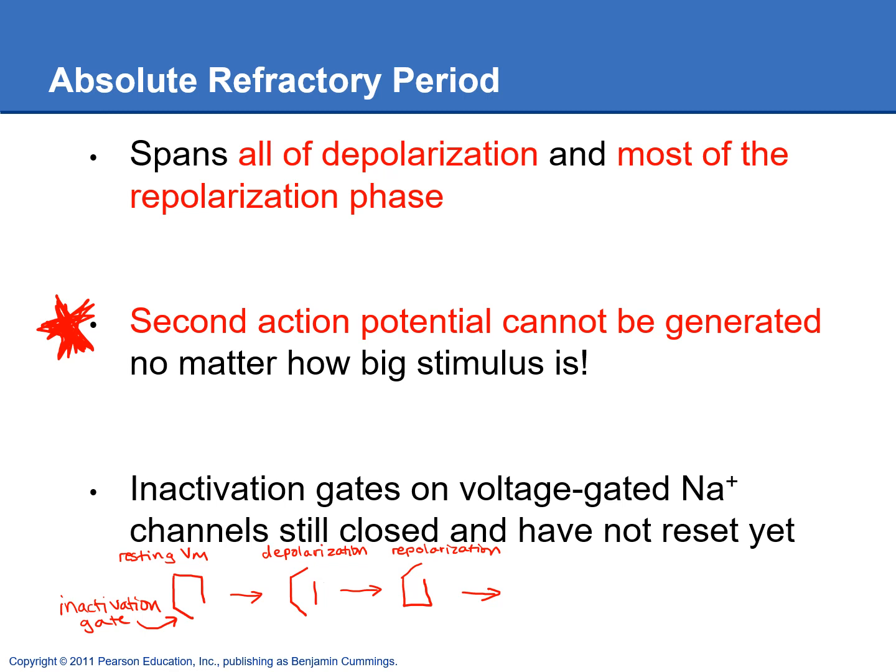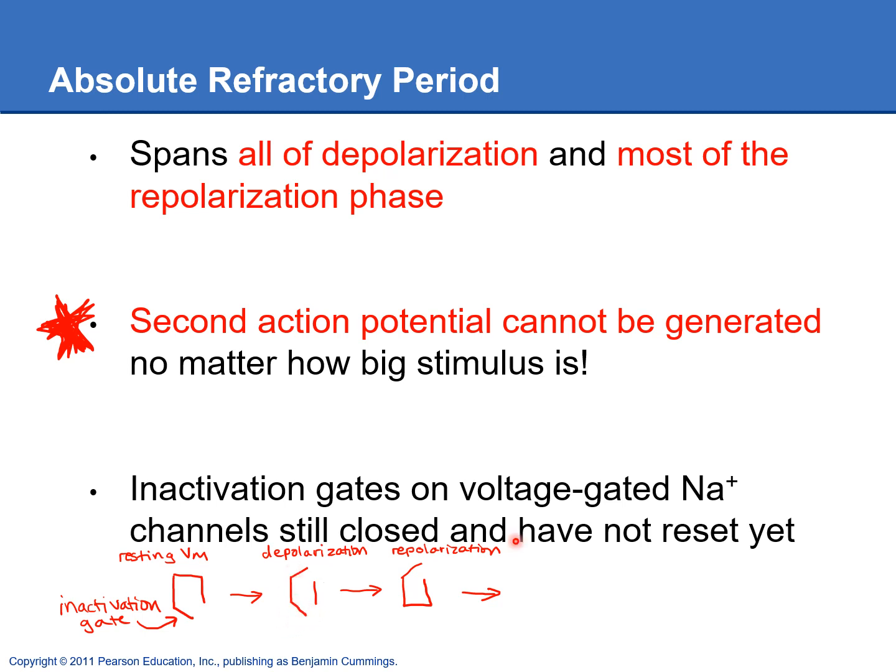If we look here on the bottom, you can see the voltage-gated sodium channels started before the action potential at the resting membrane potential. This inactivation gate was open, but then when the action potential was stimulated, we've got the depolarization phase.